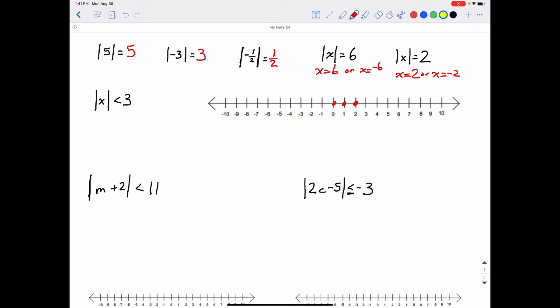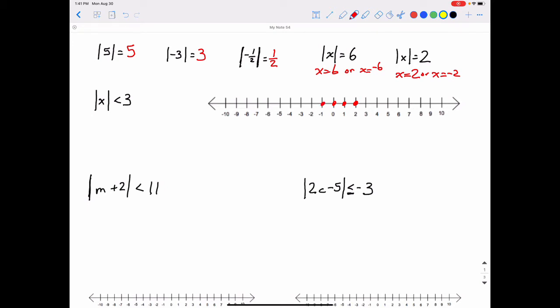What about a number like 4, though? Is the absolute value of 4 less than 3? No, because what is the absolute value of 4? The absolute value of 4 equals 4, and that is not less than 3. So we would not use 4 as one of the solutions. So we could just keep going less and less and less. So the absolute value of -1 is +1.